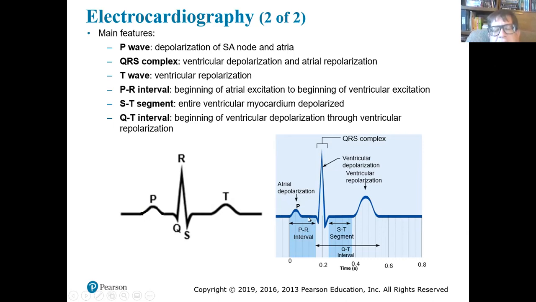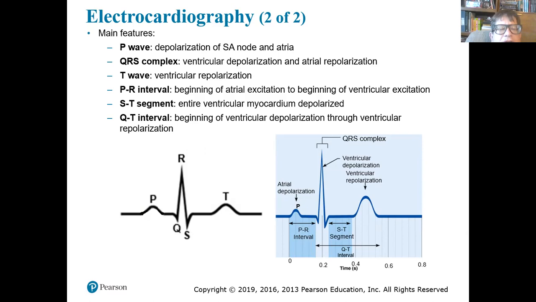Sorry, if you wondered why I was pondering, I'm like, why are they not calling it the PQ interval? But anyway, this line right here, that is the delay that we were talking about that has to happen to let the atria do its thing.